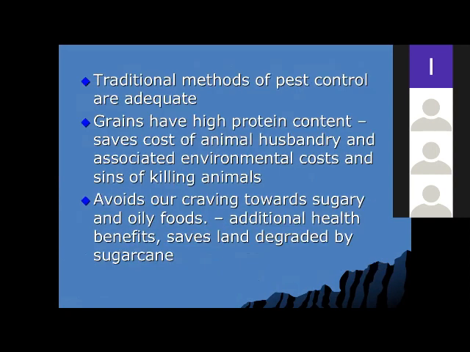Traditional methods of pest control are adequate. I think government and some of the agencies are pushing for this. Grains have high protein content, instead of more animal husbandry. There may be other ways of getting the protein and other things that we need. Also we should avoid sugary and oily food, because it's important for our health.